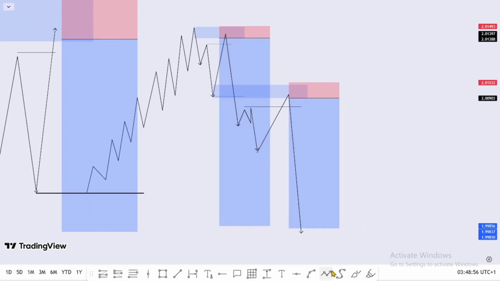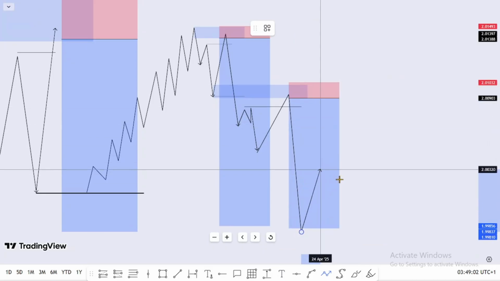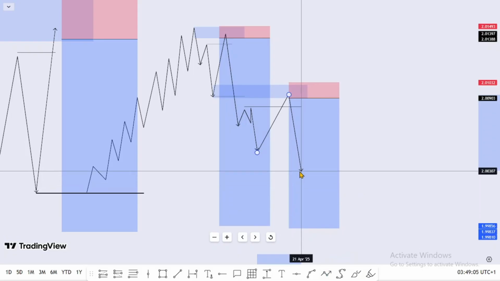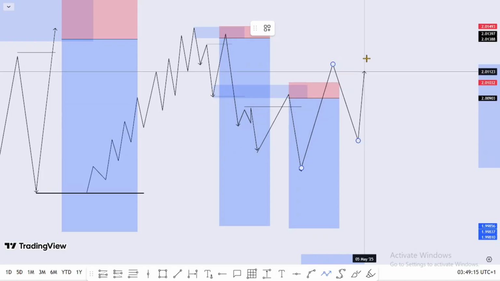But the problem with this one is that in some cases price is going to come back up, and maybe, let's say after it breaks structure at this point, what price is likely to do is, as this one is still running in profit, it's likely to come back up and maybe do something like this.